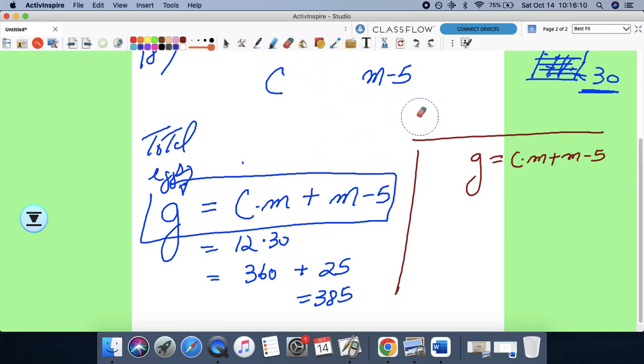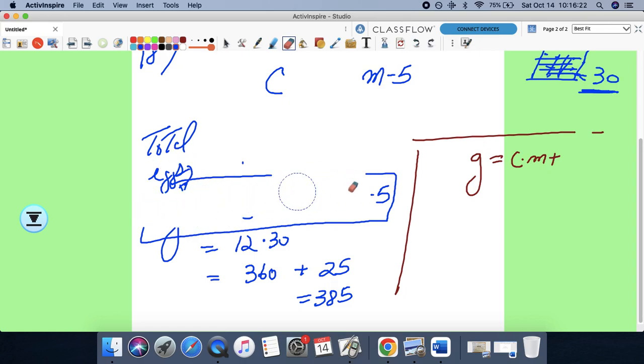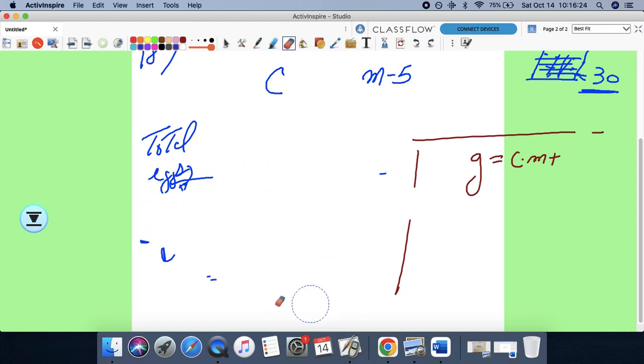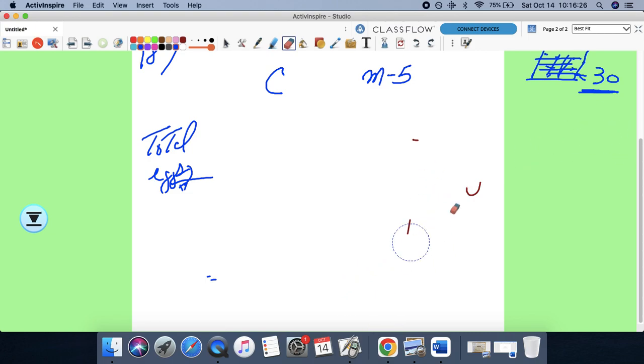If I'm trying to look at the multiple choice here, I don't have to do this. What I can do is shorten my expression. So again, starting again, let's start with the idea that each crate holds 30 eggs.